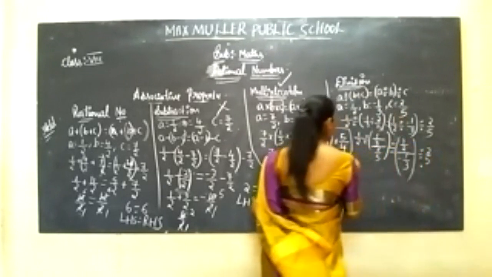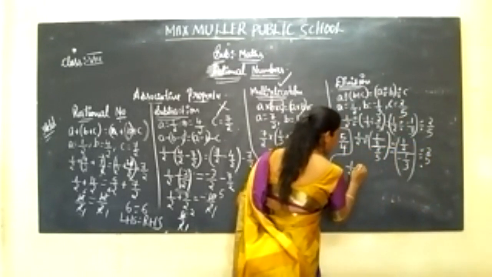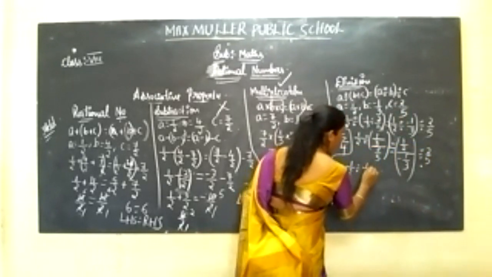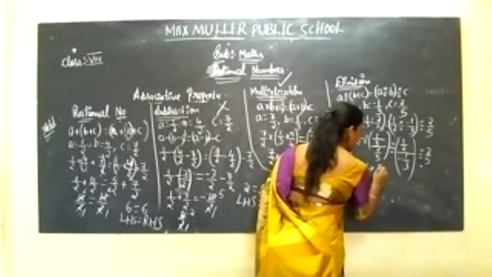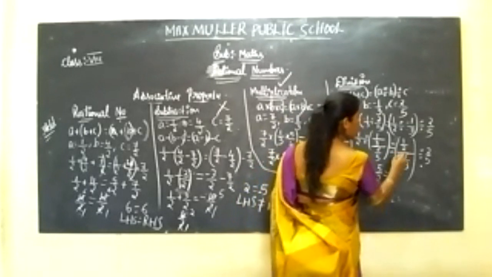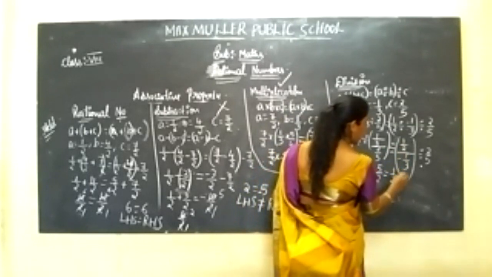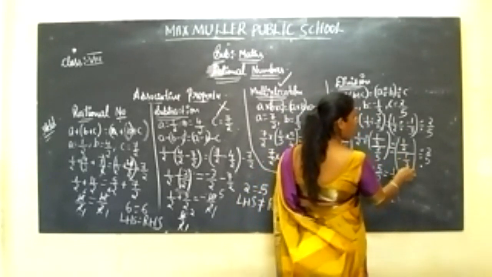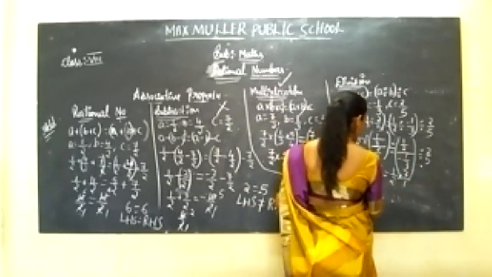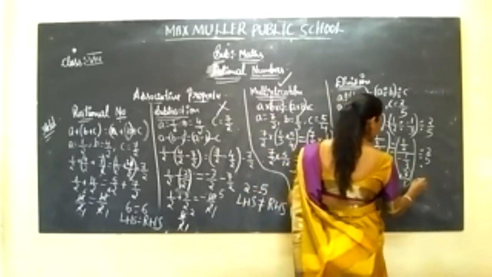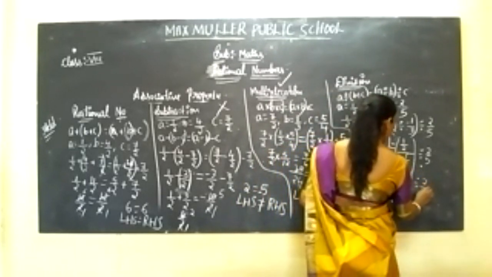So here what you have to do, write 1 by 2 as it is and 1 by 3 into 2 by 5 becomes 5 by 2, is equal to, here 1 by 2 written as it is into 1 by 3 becomes 3 by 1. Okay, write in the bracket divided by 2 by 5.